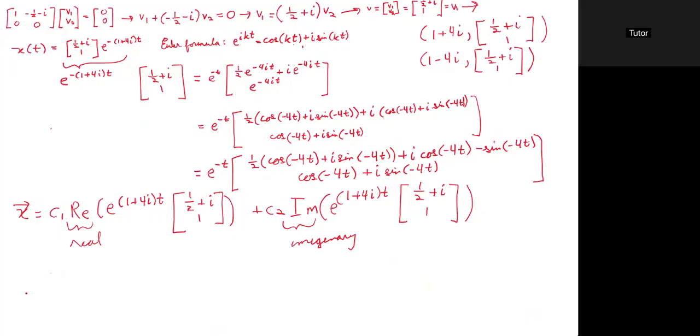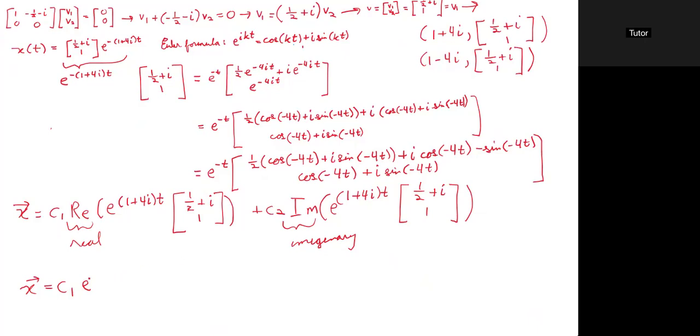So x is thus equal to c1 e to the 1 plus 4i, or wait, sorry, we already divided it up.